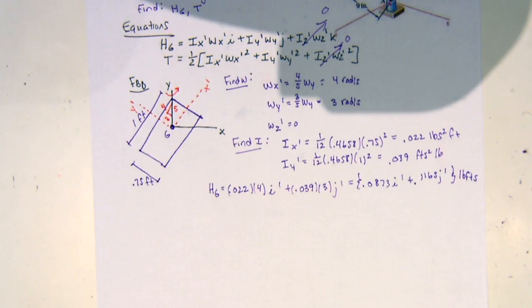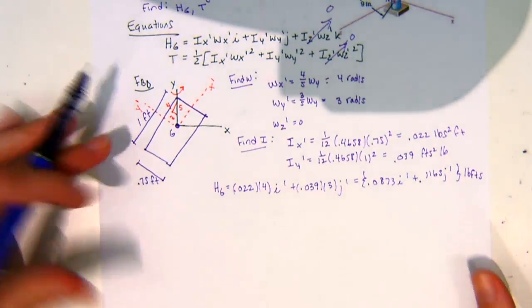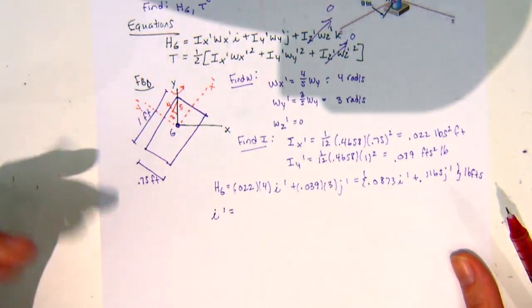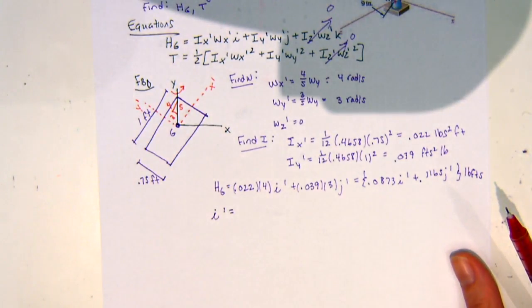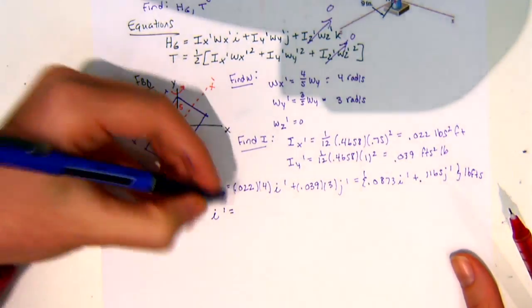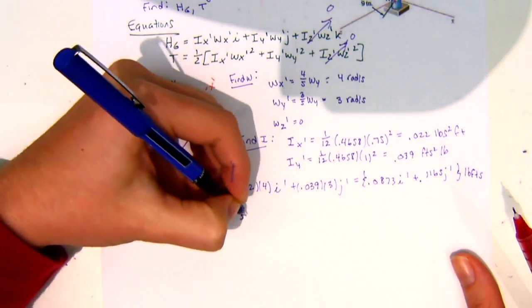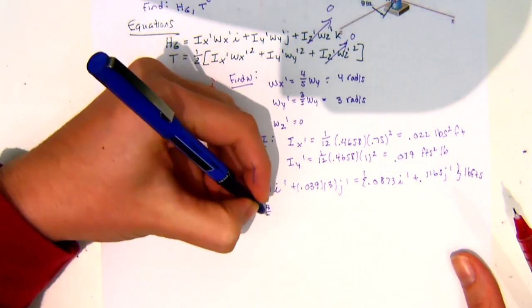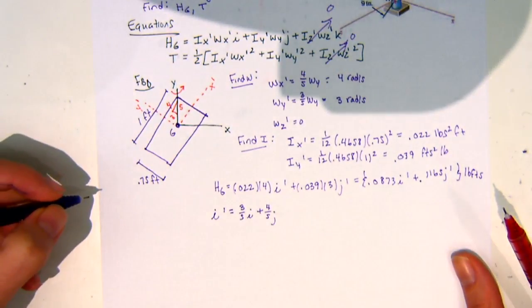If you want to get into the geometry of it, then I would suggest that you just practice it and play around with the triangles and how they break down. But I would use the trick for now. So I can say that i prime, plugging in components for it, is going to be 3/5 i plus 4/5 j. Okay?